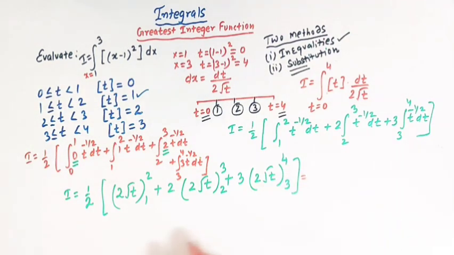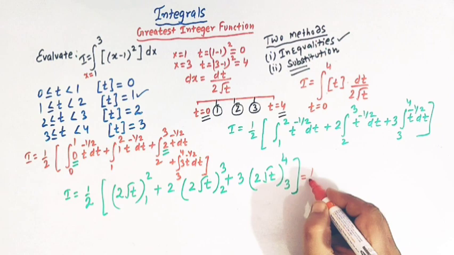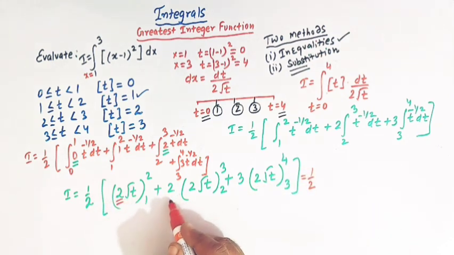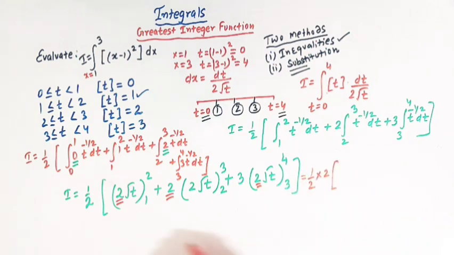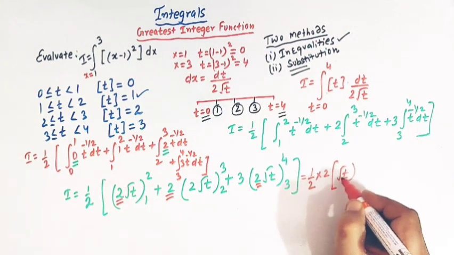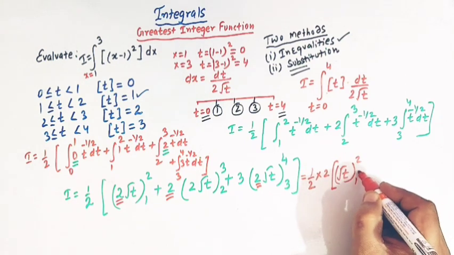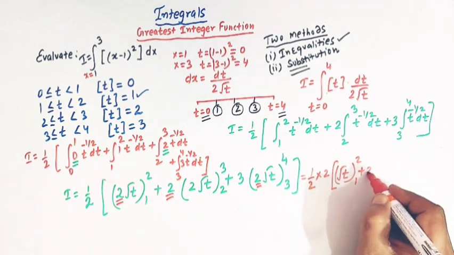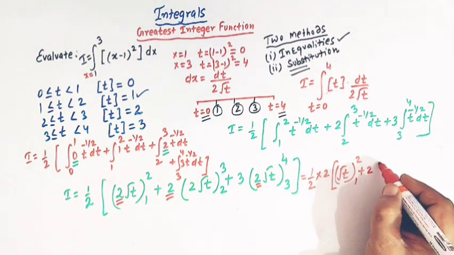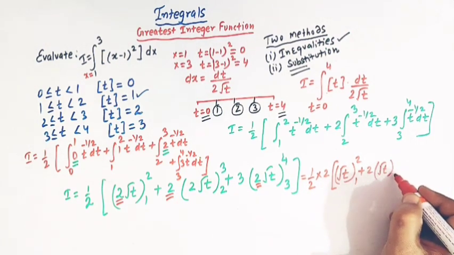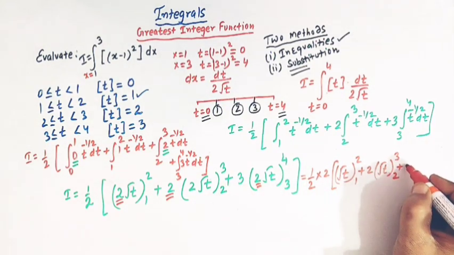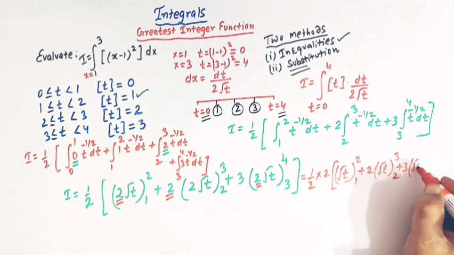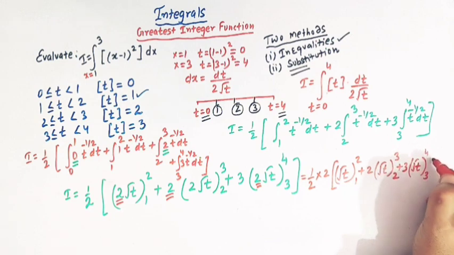So now we can write this expression as half, and taking this 2 common, we have 2 and square root of t, limits of integration from 1 to 2. Then we have 2, this 2 is left here, and root t, with limits of integration from 2 to 3, and then we have 3 root t, with limits of integration from 3 to 4.